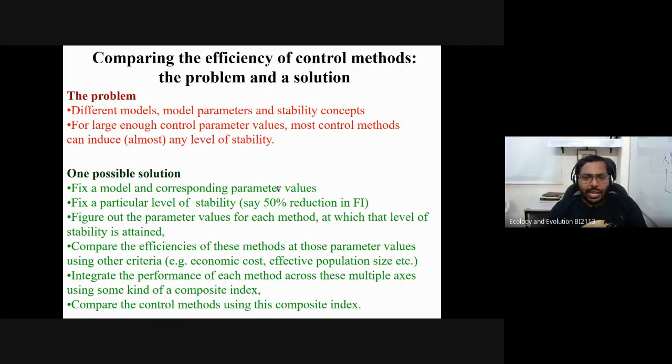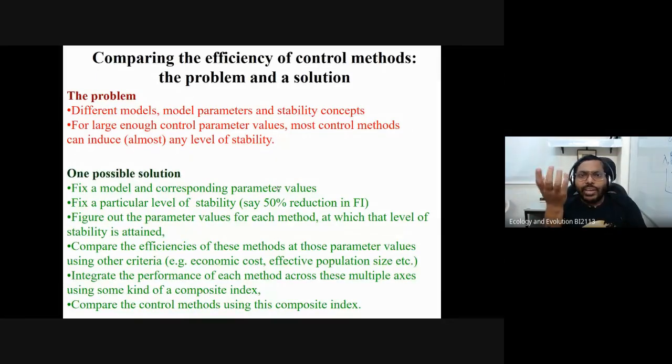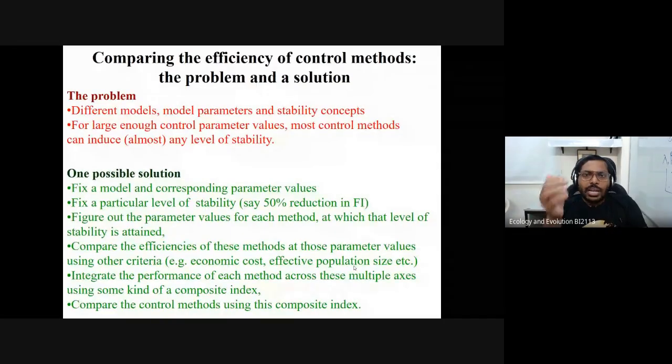using other kinds of criteria. So things like, what will it cost to have this method employed? Or, whenever you are changing the population size, you are also playing around with the amount of genetic variation in the population, which in turn will have an effect on how the population evolves, so the evolutionary trajectory. That is caught by what is known as the effective population size. So how does the effective population size of the population get affected by whichever method you are using?